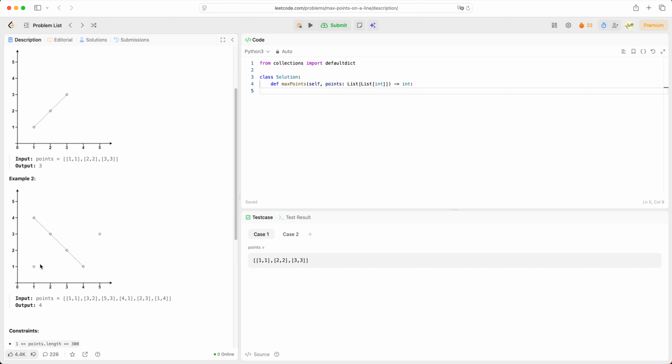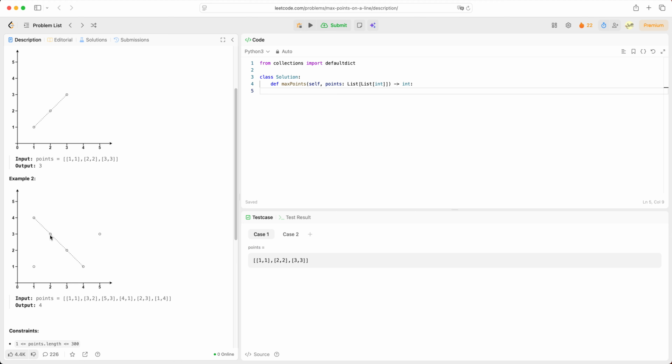So let's say we look at this example: we pick this point, we calculate the slope between those 2 points, and we calculate the slope between those 2 points, and you can quickly see that only here we have a third point that lies on the same slope, right? Those slopes would be equal. So we now know about a line that has 3 points lying on it.